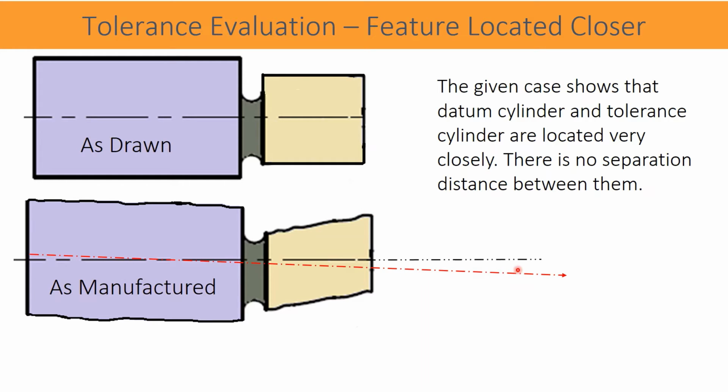This is slightly inclined to the nominal axis. The measurement of the tolerance cylinder is same as previous condition. In this condition, still concentricity is acceptable since all the points are well within the diametrical tolerance zone.